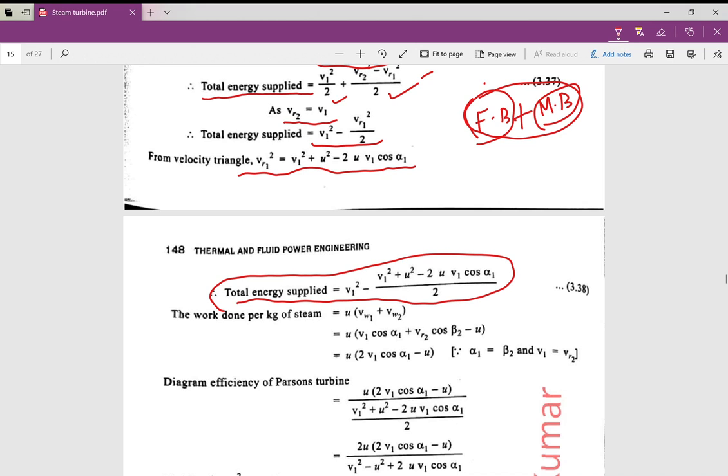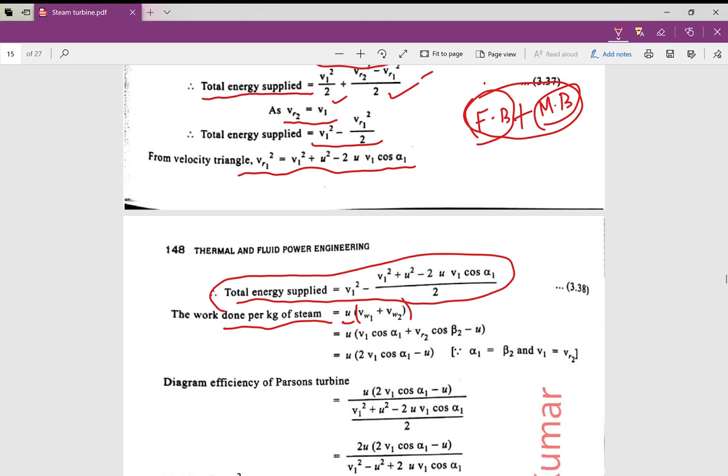Numerator part, that is work done per kg of steam. So we know already for unit kg of mass, that is U, and difference between Vw1 minus Vw2.